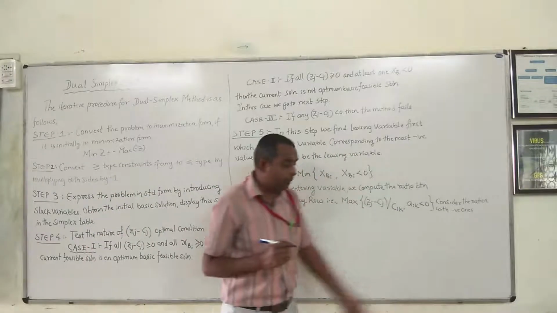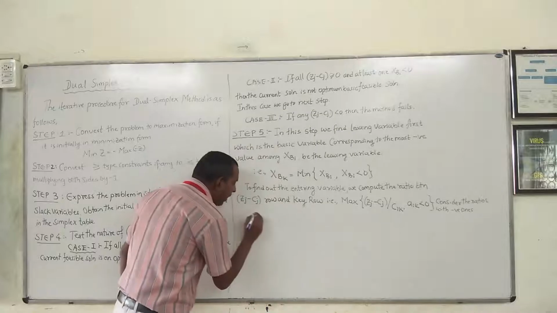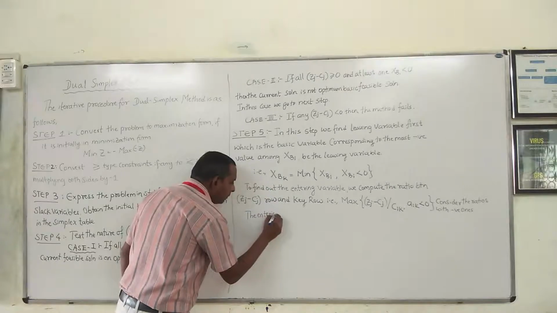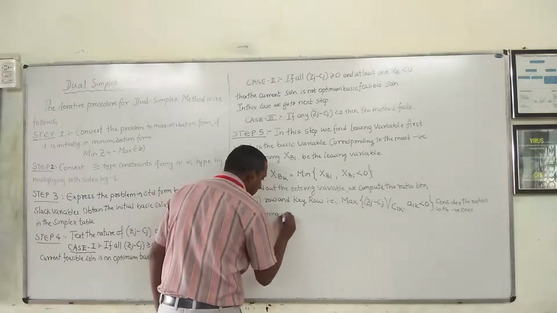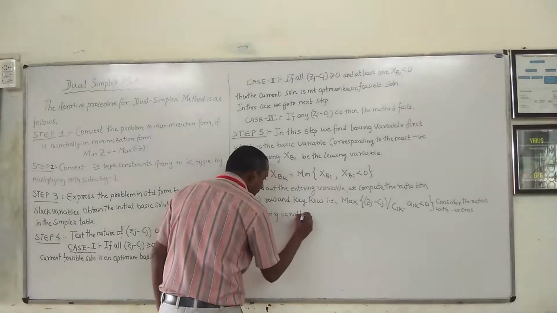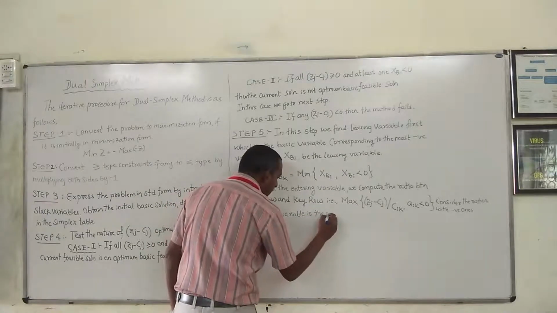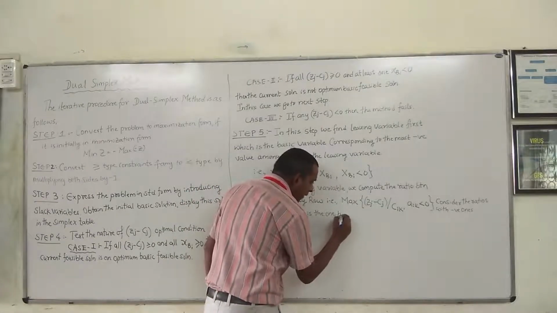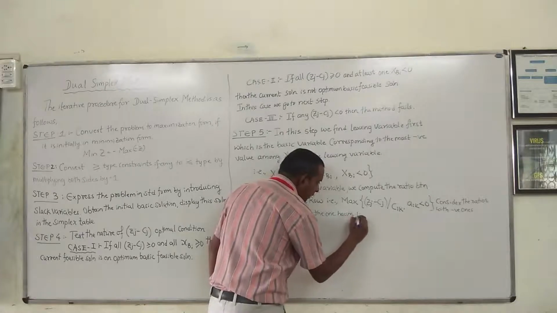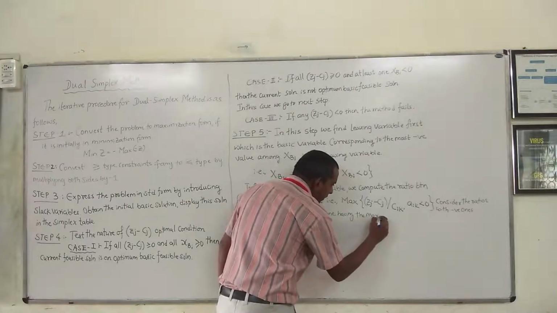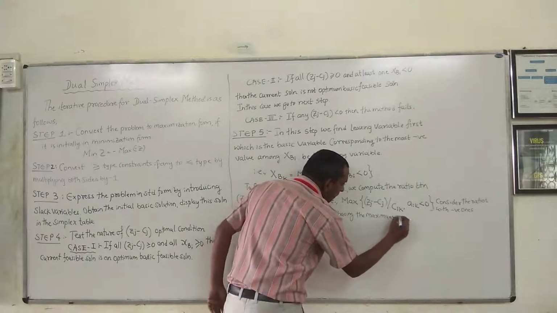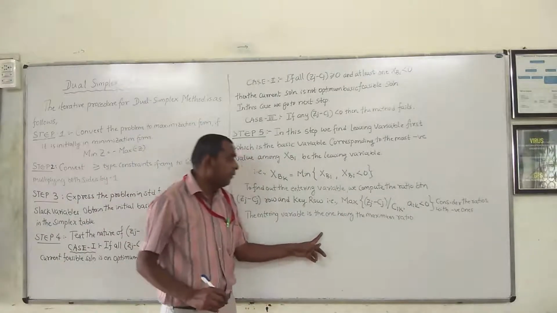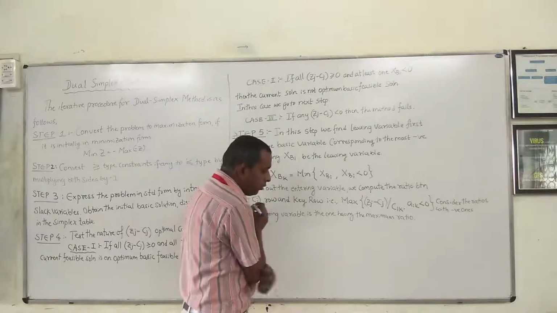The entering variable is the one having the maximum ratio.